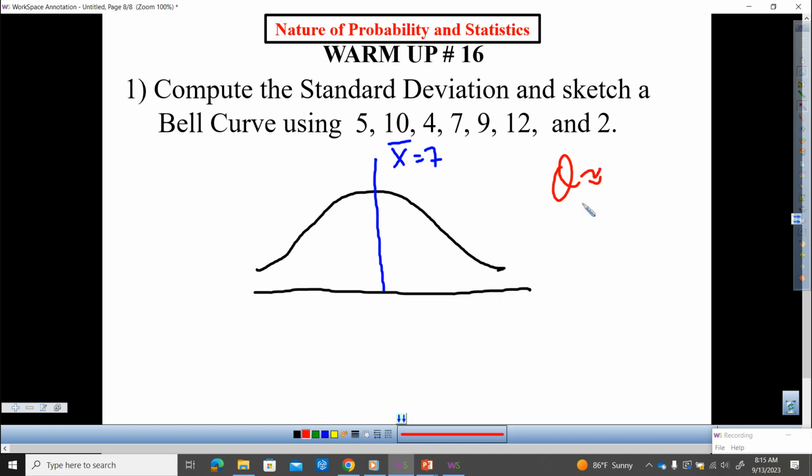What did you get for standard deviation? Bree? 3.29. Hands, have you got that? 3.2. Yes? All right. And who noticed that this is the same one as yesterday?